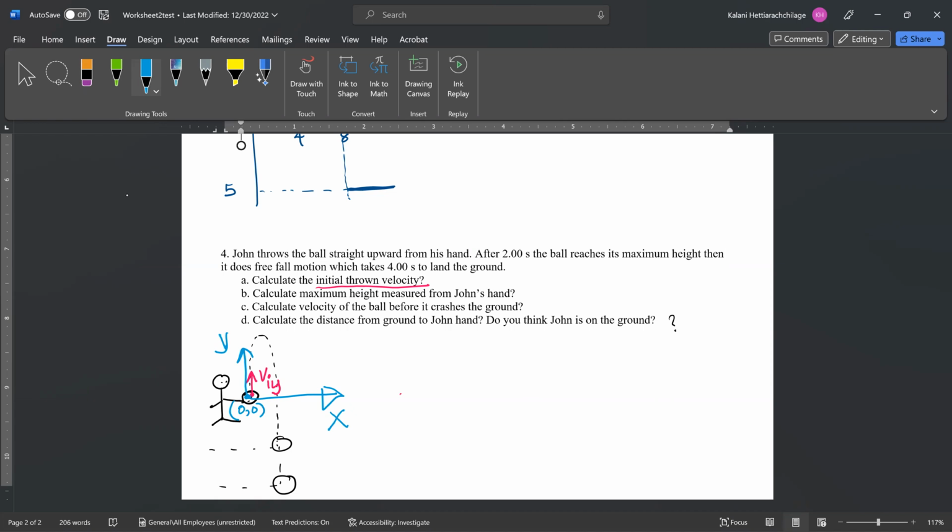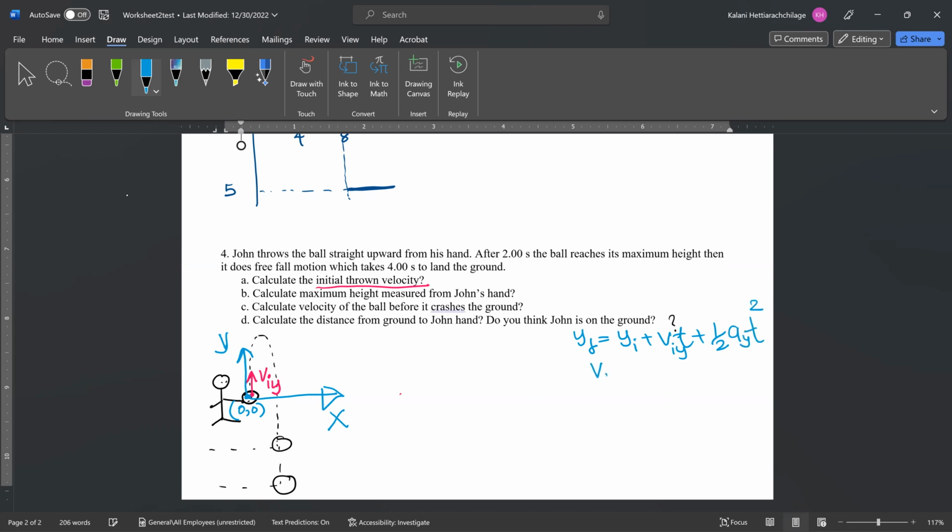So now next step is I want to calculate the initial thrown velocity. Now I know these three fundamental kinematics formulas that will work in the y direction. I can write one equation: y final equals y initial plus v initial y direction times time plus half acceleration y direction times time squared.